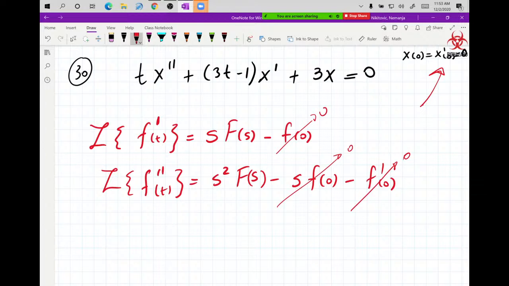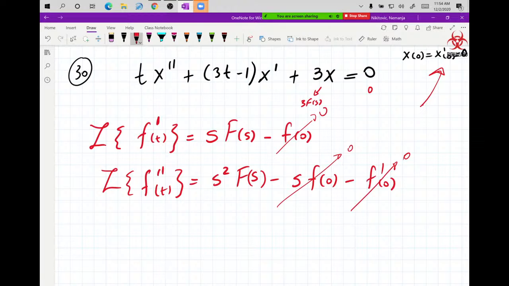What we are worrying about are these other things, and these are the things we never had before. So we have to be careful about that. This one over here is 3F of s. We know that, and this one is 0.